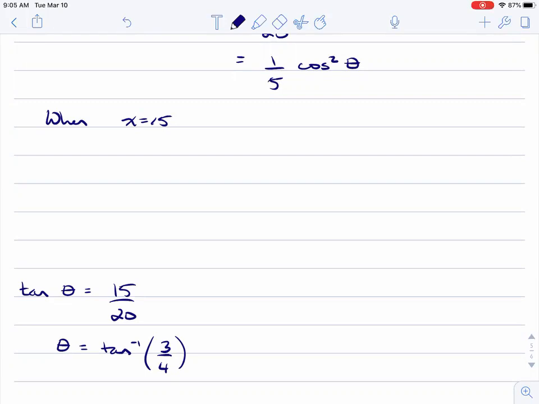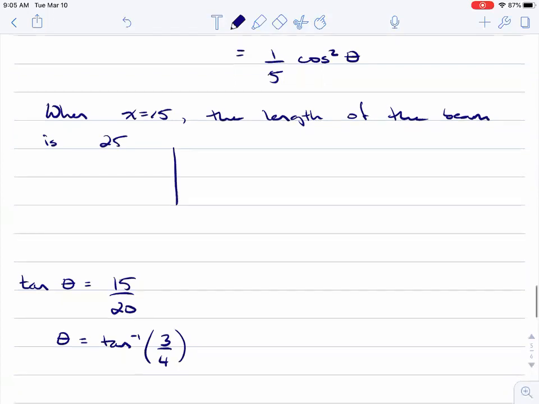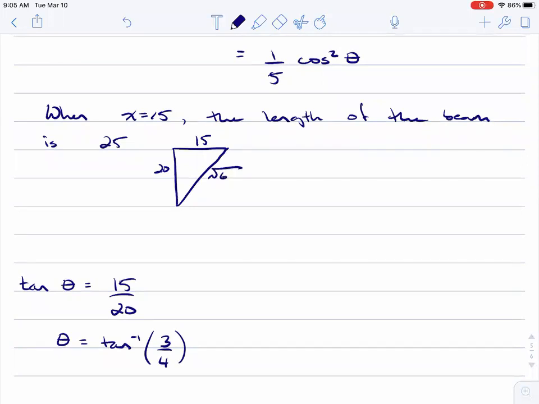So when x is 15, the length of the beam is 25. Let's just check that out. We've got 15, 20. And so 20 squared plus 15 squared is 625. Okay, we're on the right track. Root 625 is 25.